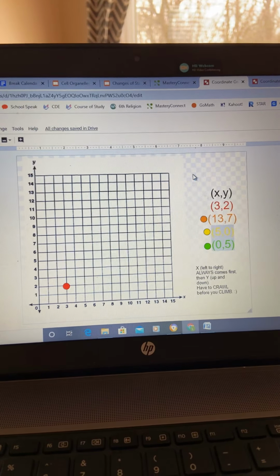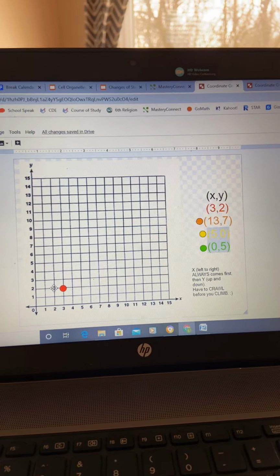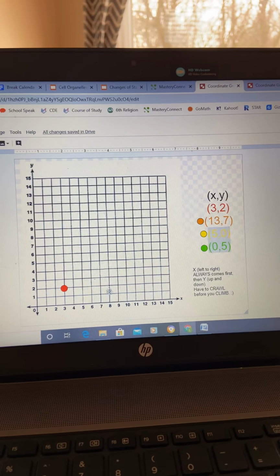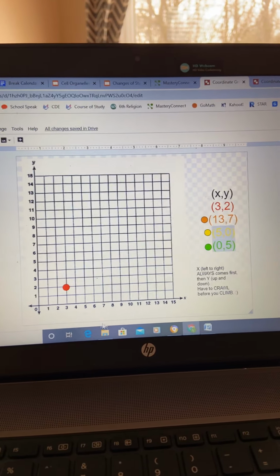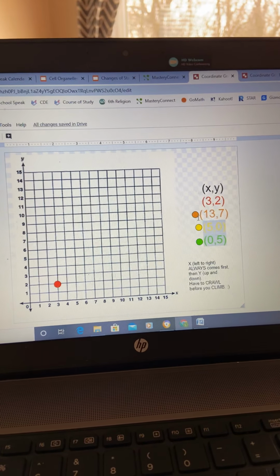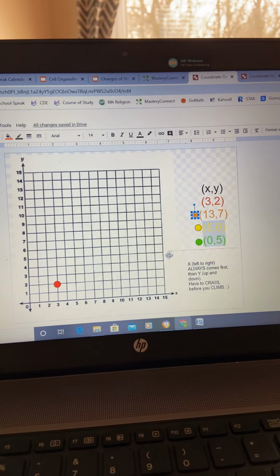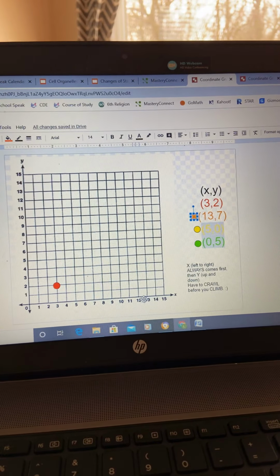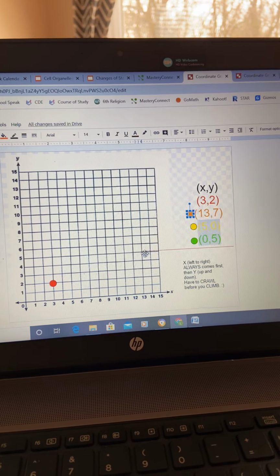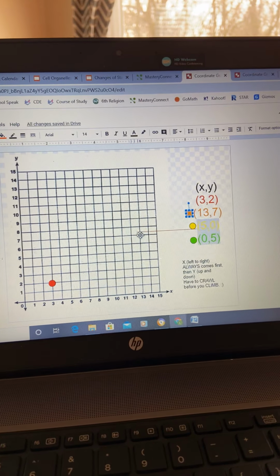The way I say it is you always have to crawl. Like when you're a baby, you crawl before you climb onto things, right? You always have to go from left to right first, then up and down. So then 13, 7. We'll go over to the 13 here, my X, and then up to 7.